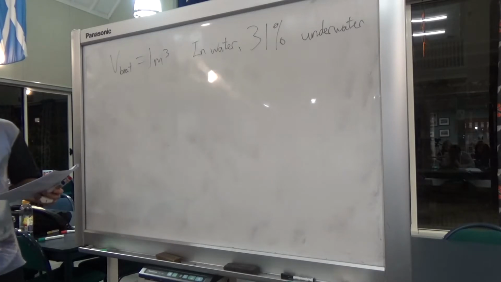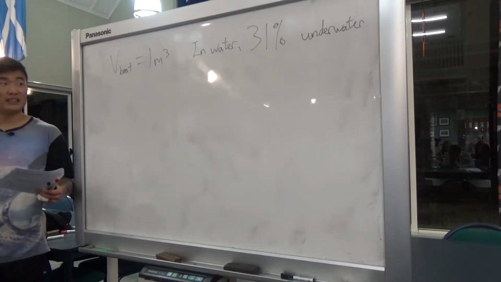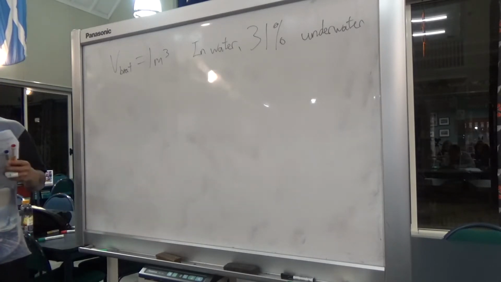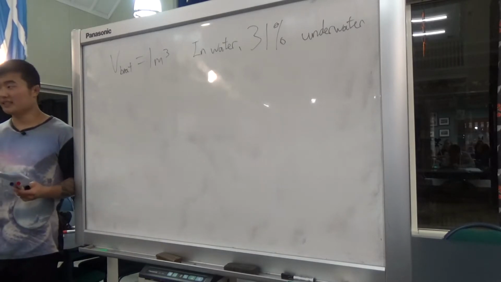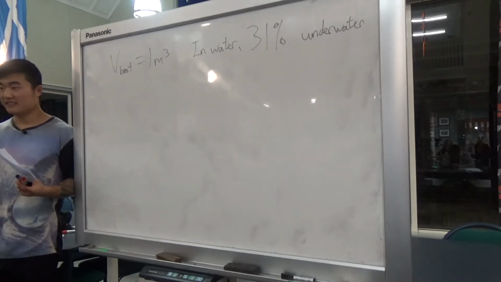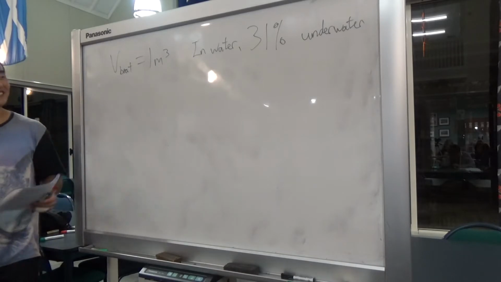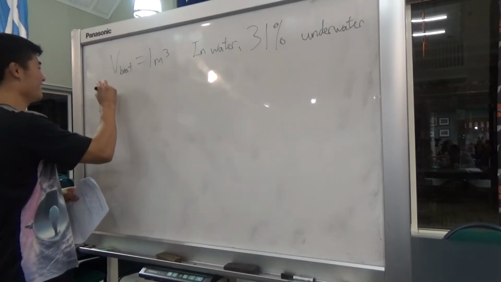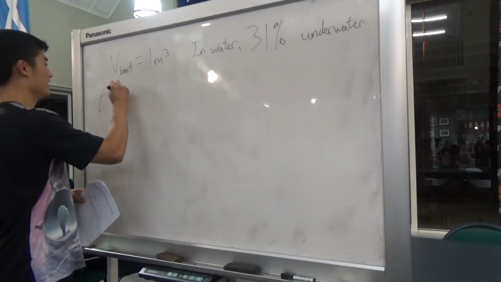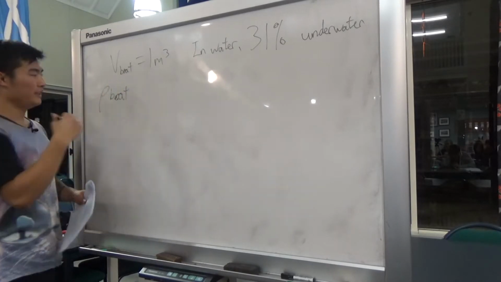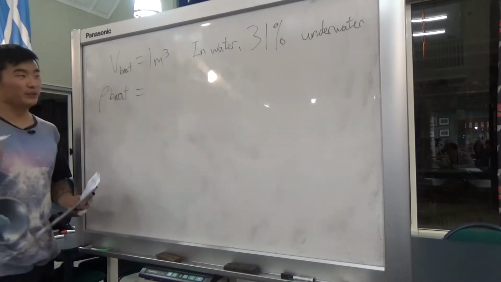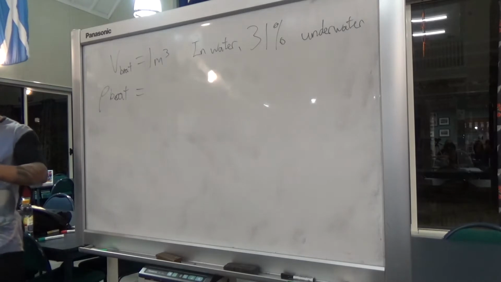So what does that mean about the density? So what will the density of the boat be? The density of the boat will be equal to 31% of the density of water.